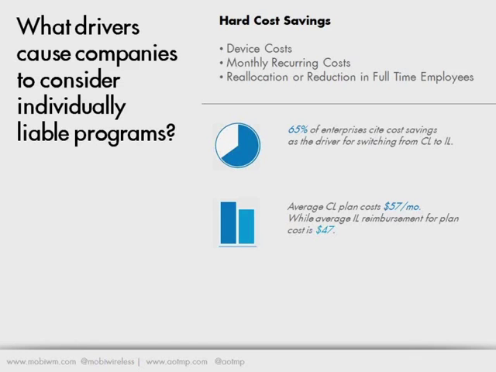A lot of that is due to what their plans are with regard to stipends or allowing users to expense a certain portion of it, and what they miss a lot of times is that there's a significant amount of time and investment required to support those users even after they move to IL. The stipend typically is going to be higher to keep people happy than what they anticipate in the beginning. As you can see, there's only a $10 difference, and when you factor in support costs, I think it becomes almost a wash.